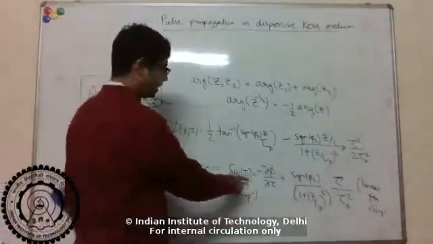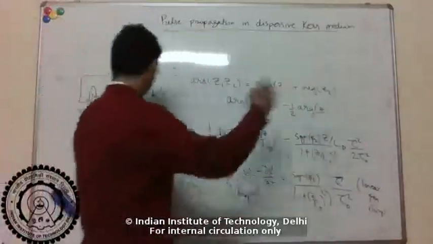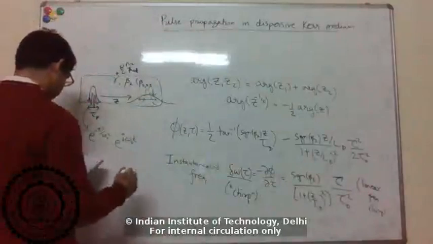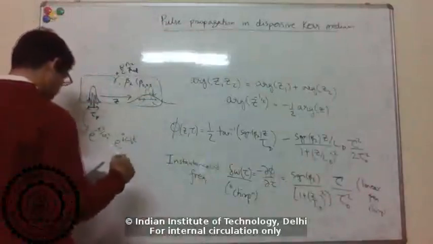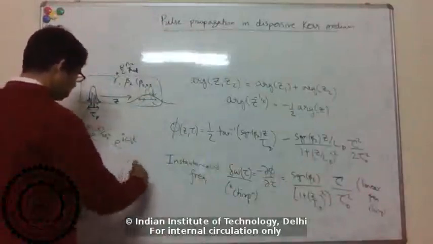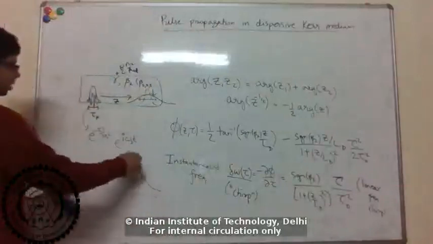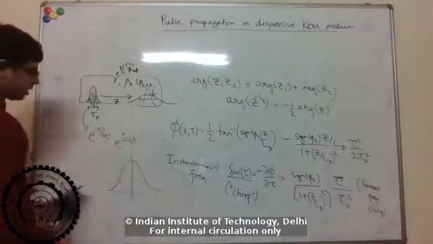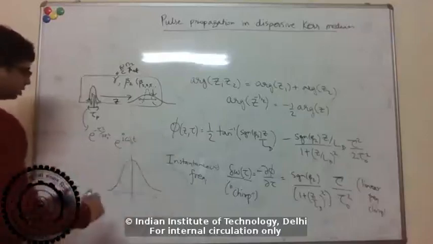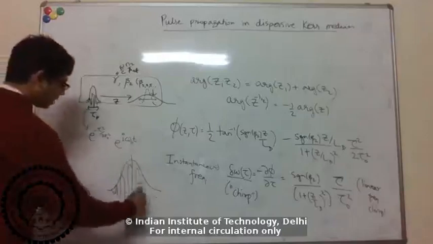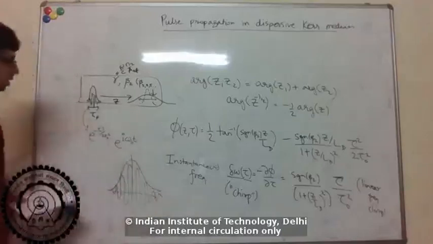Right. So which means what? The instantaneous frequency is changing with time. So if I have the pulse here, my input pulse is just e to the i omega naught t. So the carrier is the same everywhere. Within the pulse, the carrier frequency doesn't change.